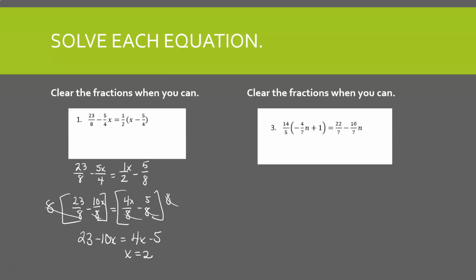All right, we skipped number 2. Number 3, I distributed first. The plus 14/5. Now I have to find a common denominator, which is 35. So I'm going to make everything into 35ths.